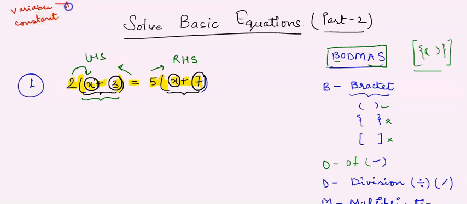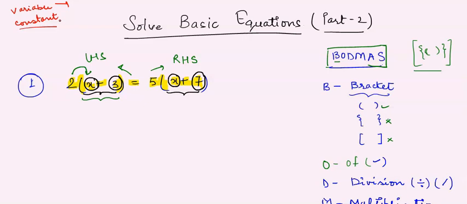A variable is something whose value changes according to the parameters we set, and a constant remains as it is throughout the equation, or throughout the whole question, right?